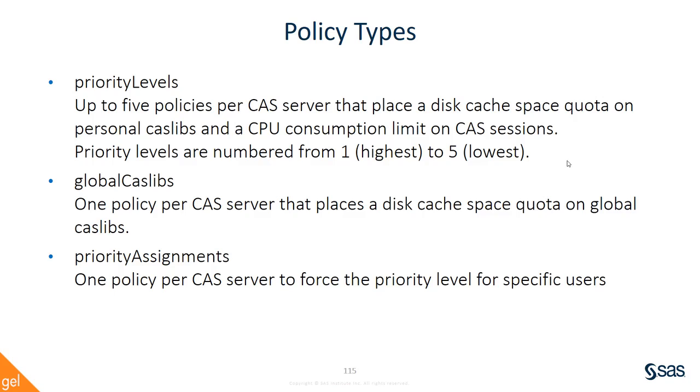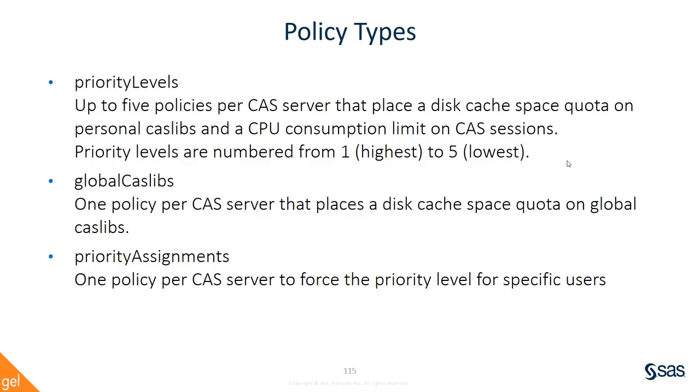I can also set once for a CAS server a global CASLib definition limit. So in this one file per CAS server, I can determine how big the CAS global libraries can be. And then I have an override file, which is the priority assignment.